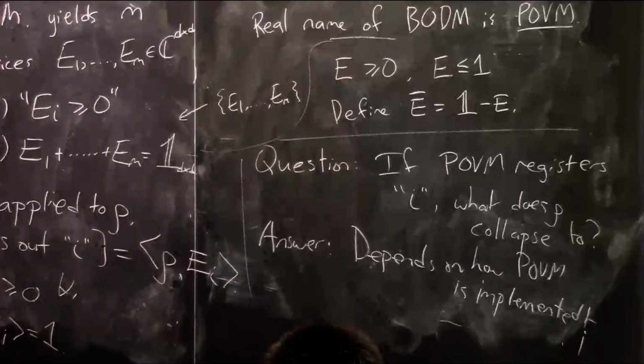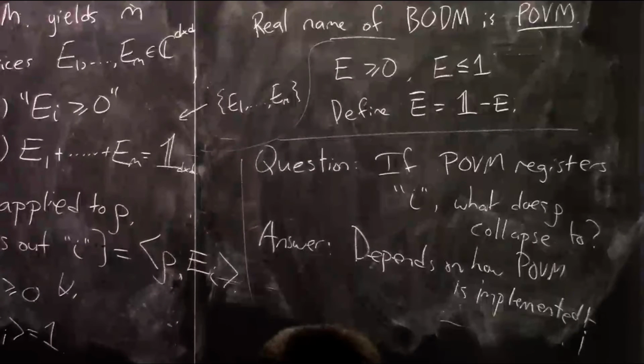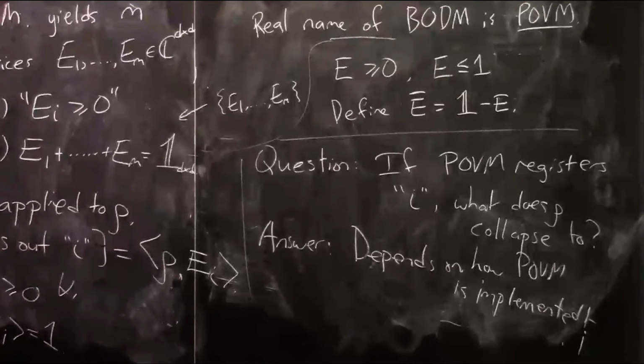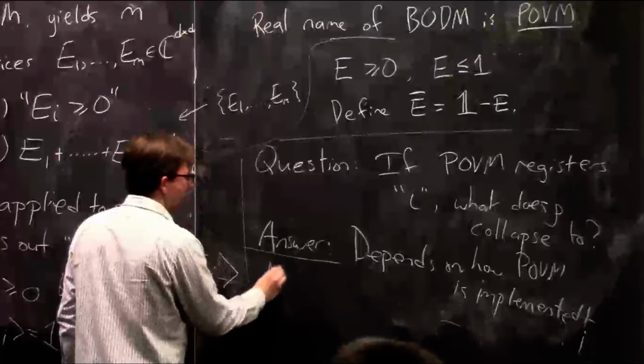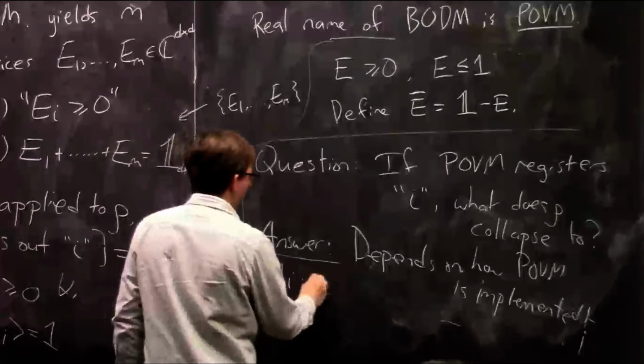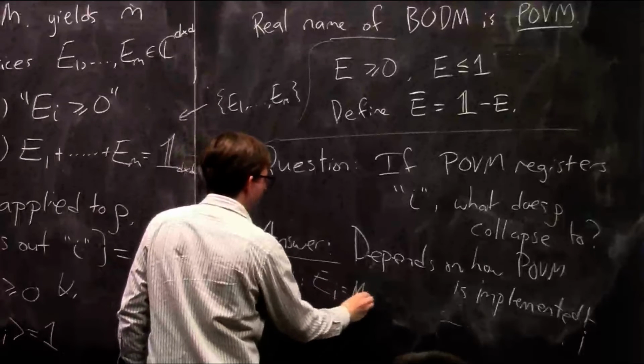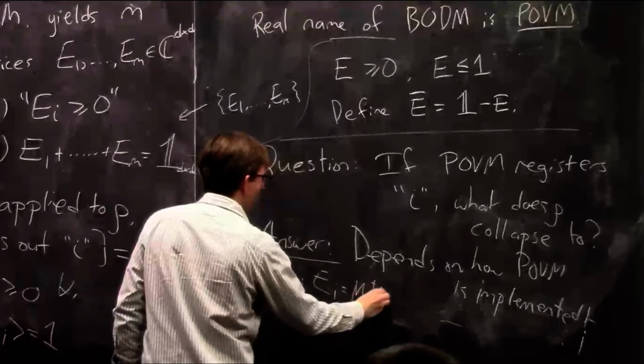You'll see probably on the homework. Again, for each way in which you build it, you get some matrices Mi such that Ei is Mi dagger Mi.